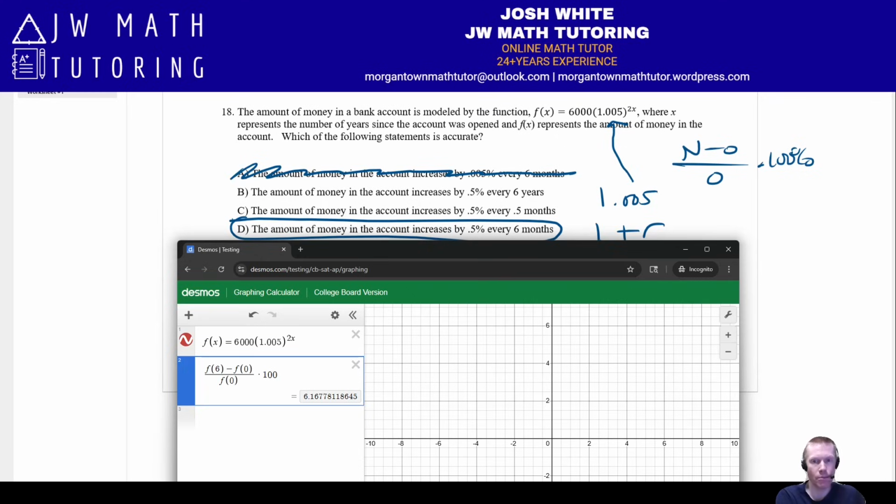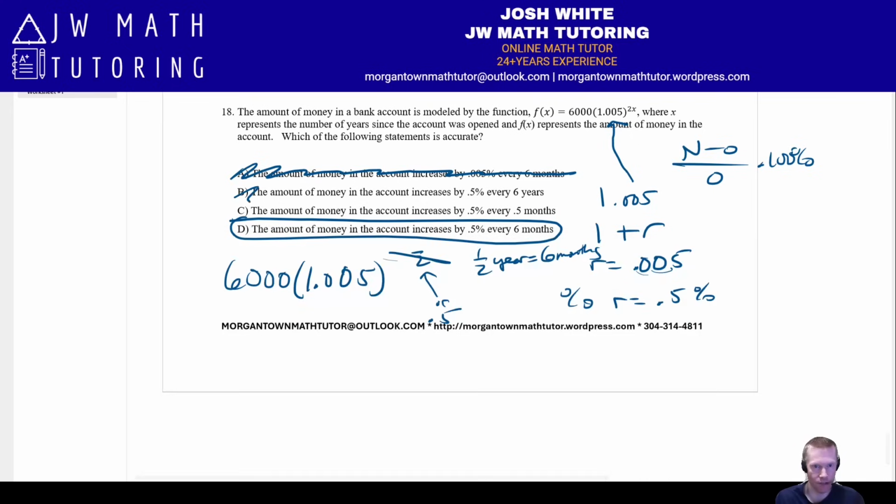Now, if you wanted to do 0.5 months, basically you have 0.5 and then divide that by 12. Okay, this is some ridiculously small 0.04 to 0.041% increase, not 0.5%. So both of these again are wrong. That's how you could confirm this, just basically solve the problem entirely in Desmos.